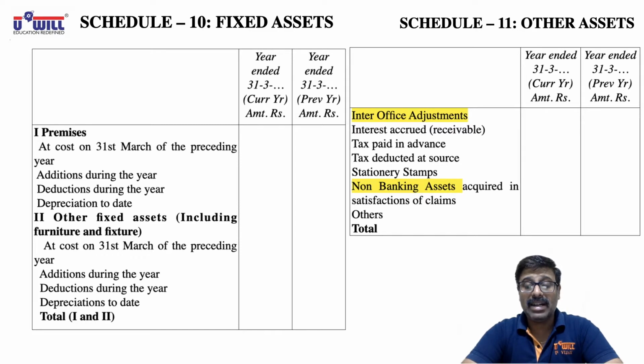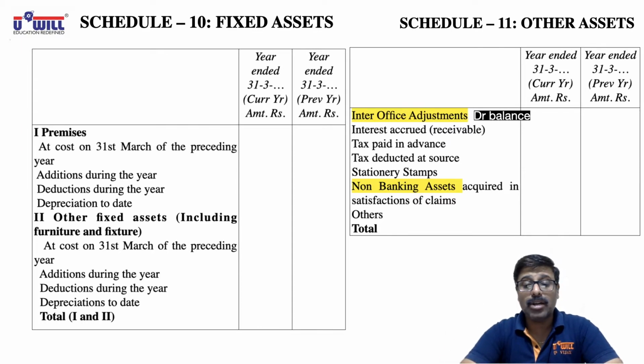Schedule 11 we will have other assets. In that, for inter-office adjustments, all of you write down in bracket debit balance. I told you inter-office adjustment credit balance will come in other liabilities and provisions. Debit balance will come in other assets. I repeat, credit balance, other liabilities and provisions; debit balance, other assets.